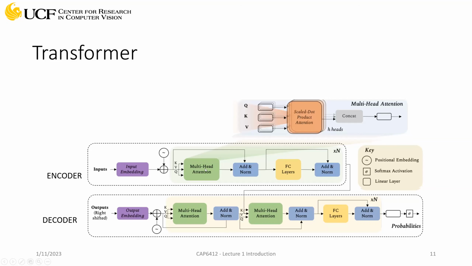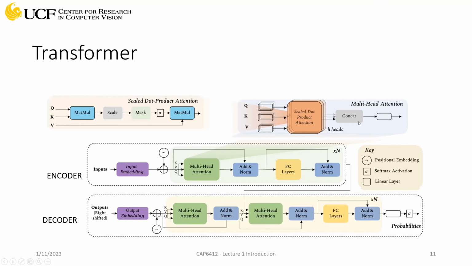So a little bit more detail, what's multi-head attention? It will consist of query, key, and value. This will be a scaled dot-product attention. Then this can have multiple heads. We'll do it many times, and we'll concatenate these outputs.